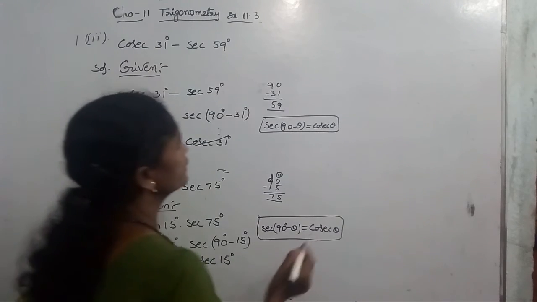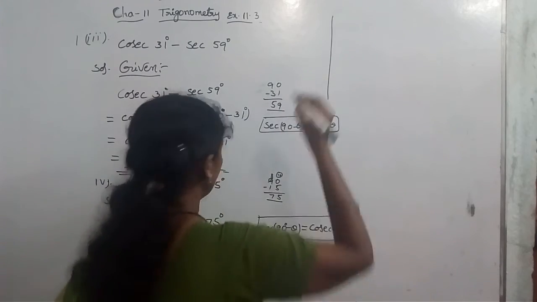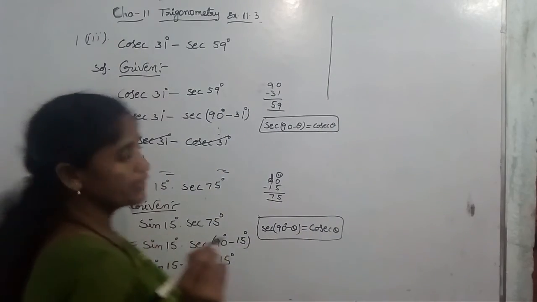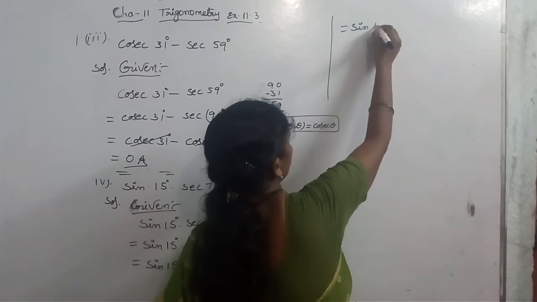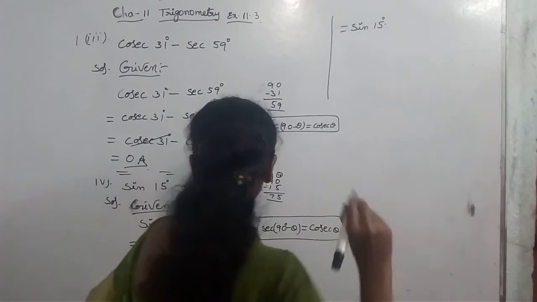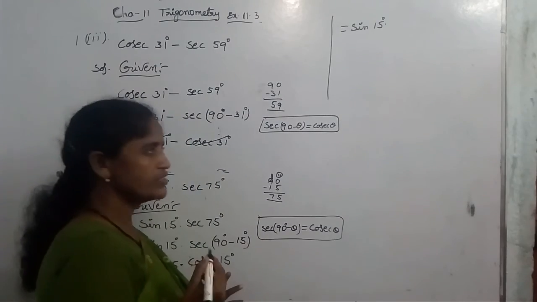After that I am going to write here. Listen carefully. Sin 15 degrees as it is. Cosecant 15 they have given. How is it?